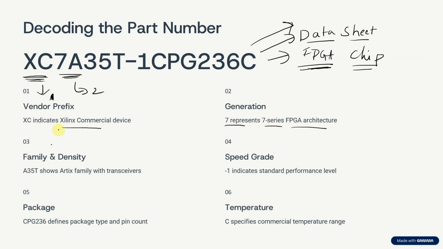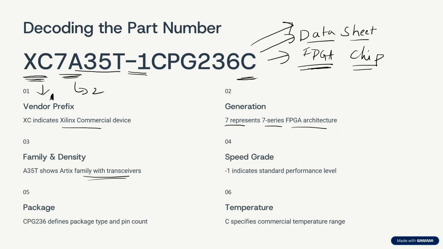The third one is family and density: A35T we are having, so basically it shows you the Artix family with the transceivers. And this -1 is nothing but my speed grade, the performance level. The fifth thing is the packaging, followed by the temperature grade. So this is how we are going to divide a part number.